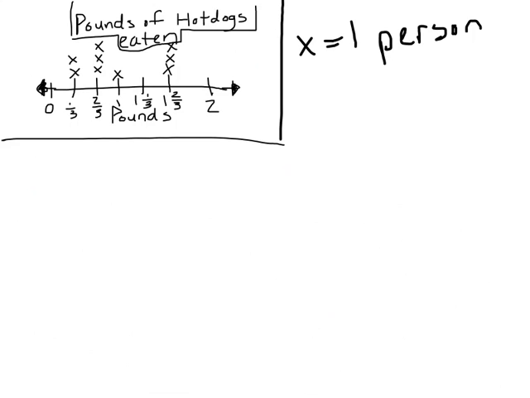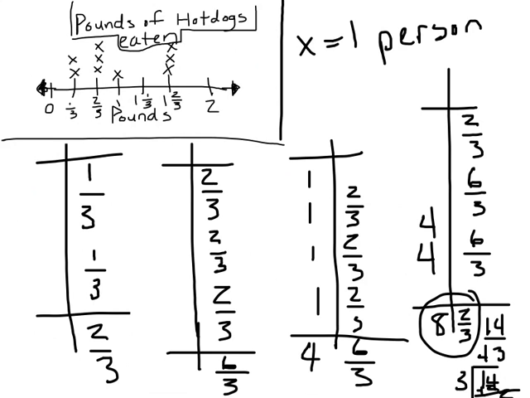Remember, you need to add up each number, so you should be adding 9 numbers. Do that now. When I add up the total number of pounds of hot dogs eaten, I get 4 14/3. I can change 14/3 into a mixed number. That's 4 2/3. So the total pounds of hot dogs eaten are 8 2/3.